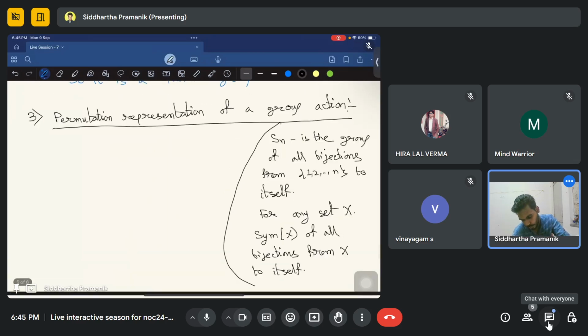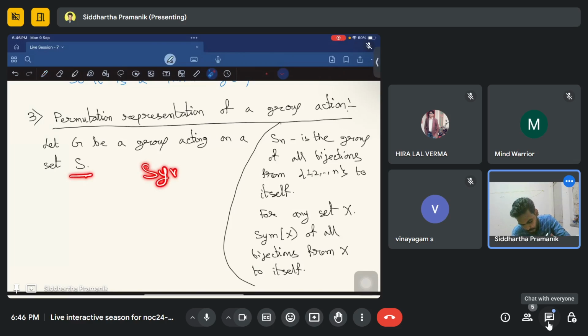Okay. So we were doing the permutation representation of a group action. So what does it say? Let G be a group acting on a set, let's say S. So S is a set, then we can consider the symmetric group of S, meaning the set of all bijections from S to itself.